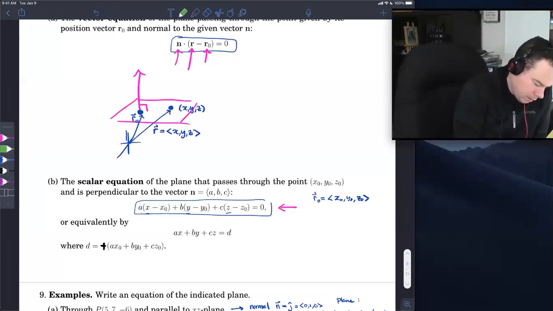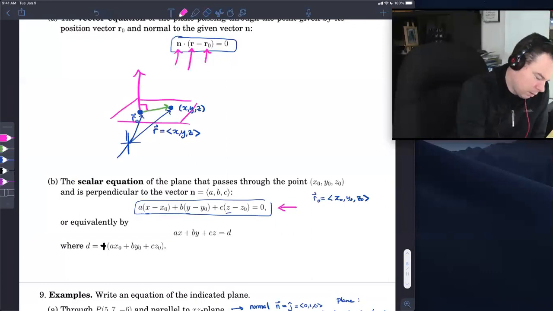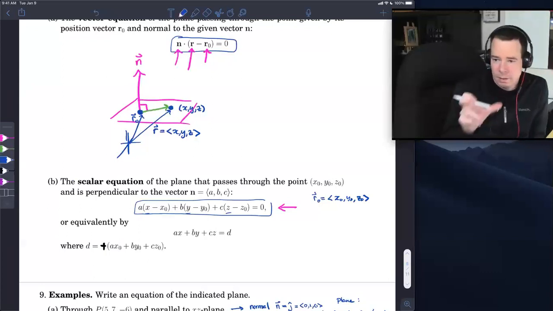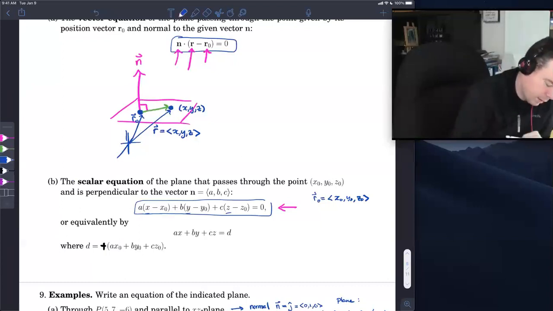And then if I look at the vector that goes from r naught to r, it's got to be perpendicular to this vector n. That's going to completely characterize all the points on the plane: the vector that goes from a point on the plane that you know to one that you're trying to find a condition for, that vector, the green vector, has to be perpendicular to the normal for all x, y, and z.